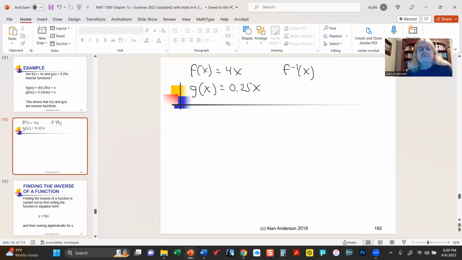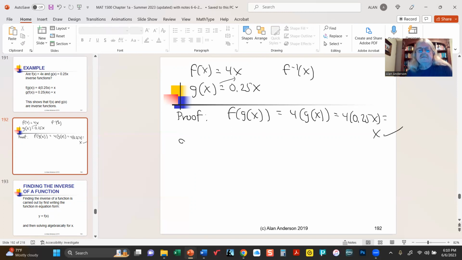So in other words, what we have to do is prove that f of g of x must equal x. So we have 4 g of x. I've replaced the x with g of x. So that's correct. G of f of x, 0.25 f of x. Oh yeah. So it works.